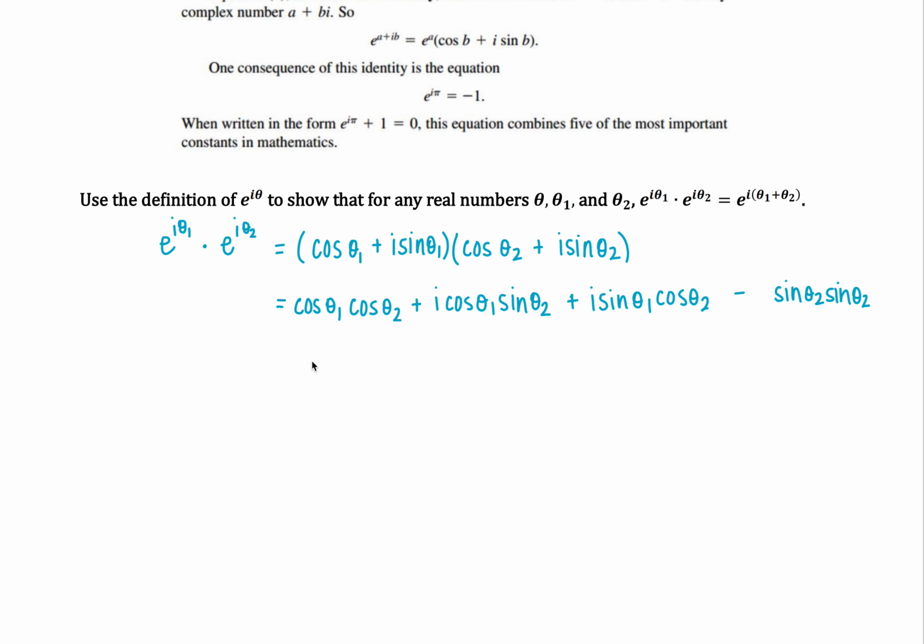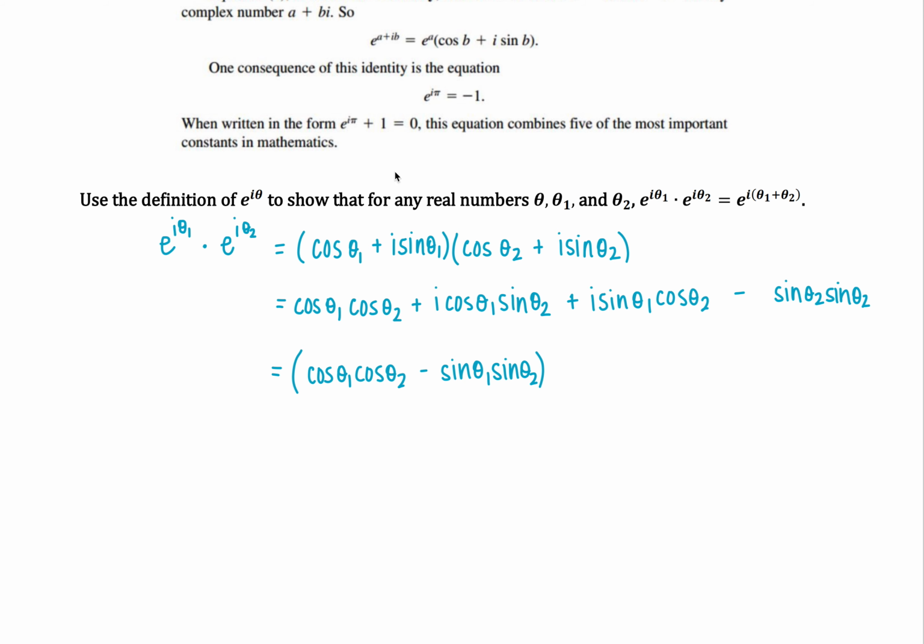So now what I'm going to do is separate this. I'm going to pull out the real parts and separate off the imaginary parts. So I'm going to have cosine theta 1, cosine theta 2, minus sine theta 1, sine theta 2.